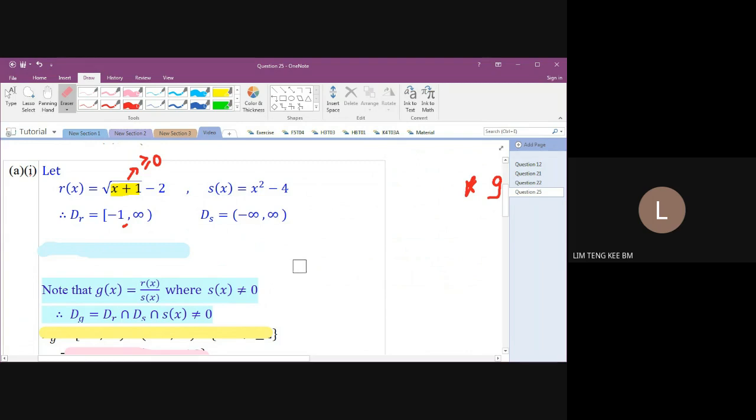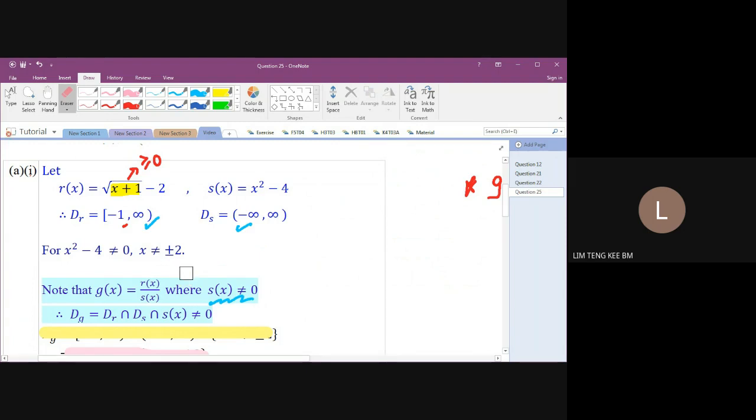I already have the domain of r and the domain of s. I need one more piece of information: what is the interval of x such that s(x) is not equal to 0. For s(x), which is x squared minus 4 not equal to 0, we find that x can be anything but not positive or negative 2.